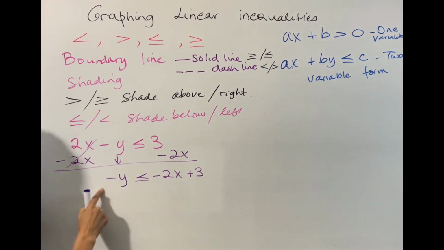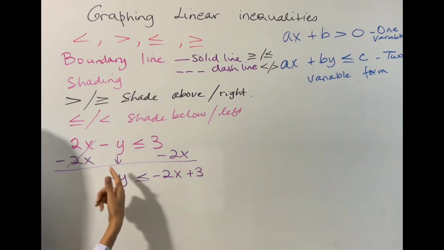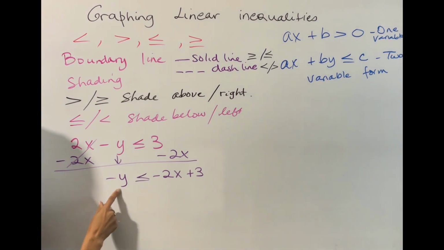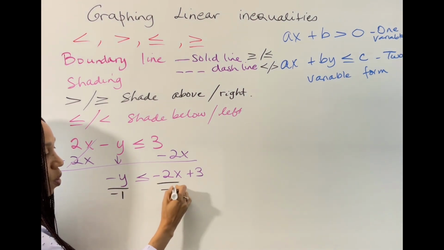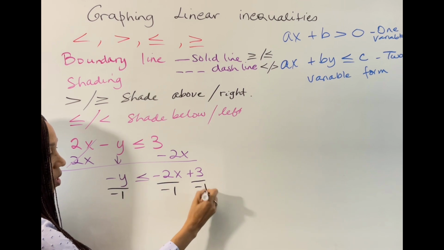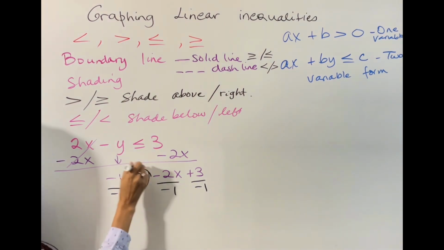But this is not acceptable. You need to get rid of this. Even if it was a whole number greater than 1 in front of it, you still have to do something. You're going to treat it as an invisible 1 here. So you're going to divide by negative 1 on both sides. But you must change this.